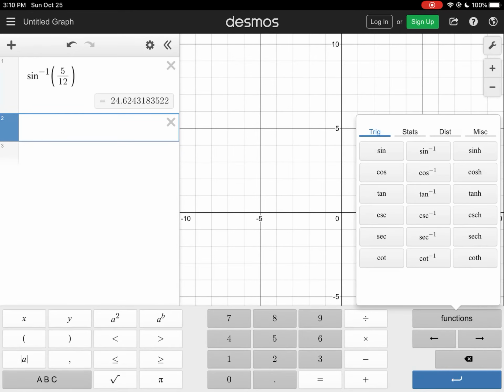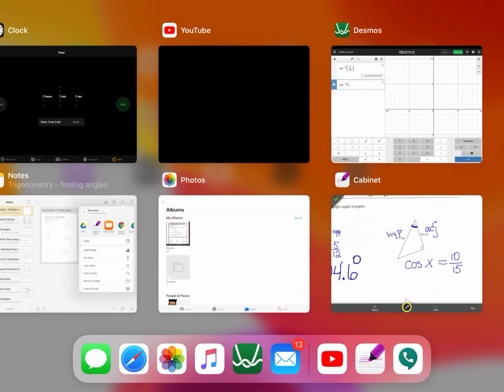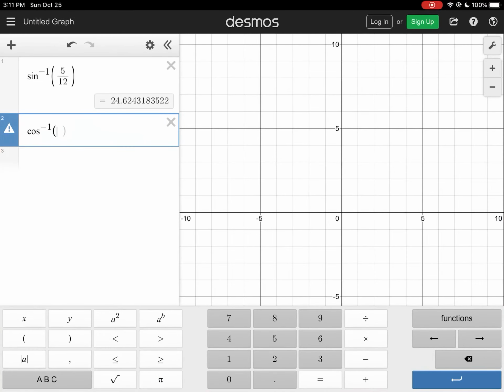So we're going to hit functions again. We want the inverse cosine, so we have to pick the middle column where it has cosine to the -1. And fraction is 10/15. And you really don't even have to close your parentheses. It'll give you the answer.